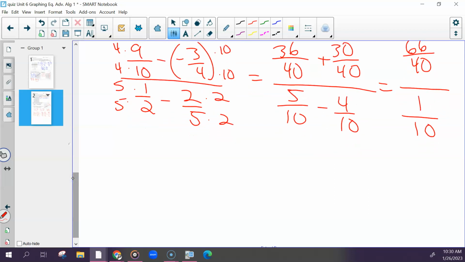So you divide both by 2. You can start putting in the calculator. I'm going to start doing it by hand and see what we come up with.